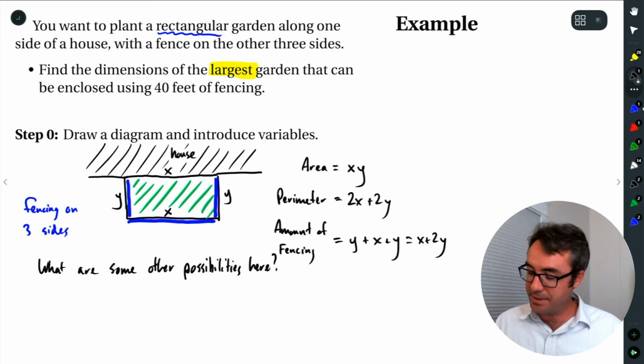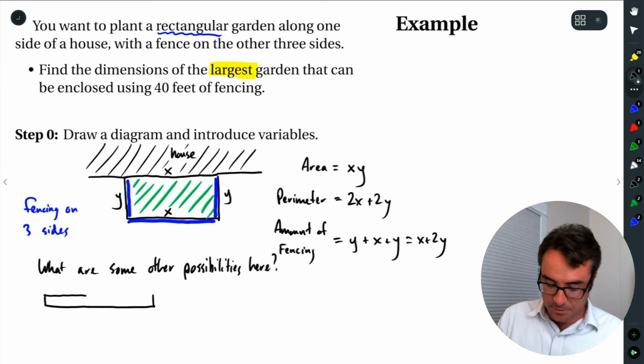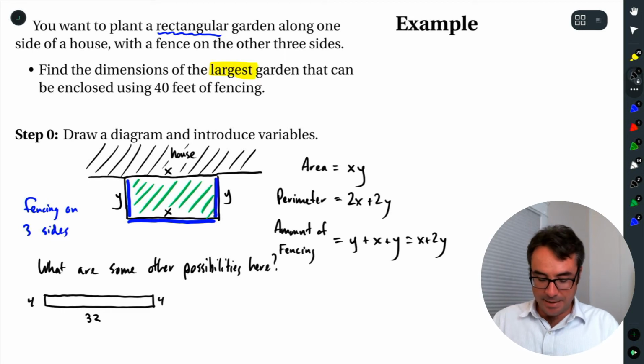Maybe I have this little really thin garden here where the width is 4 feet, and then I have 32 feet. So it's this really thin little garden here. And maybe that works out.